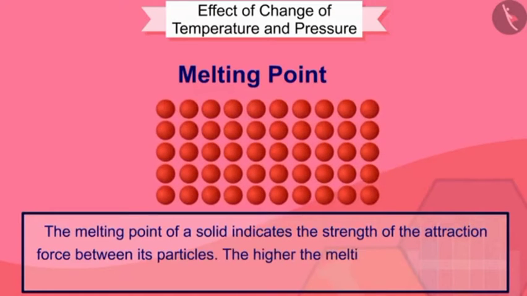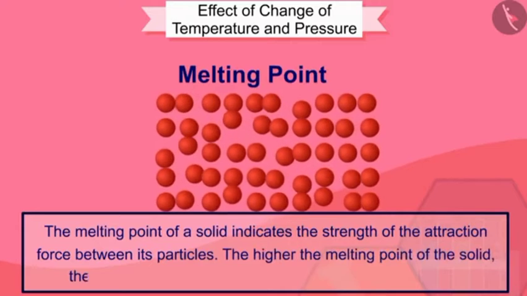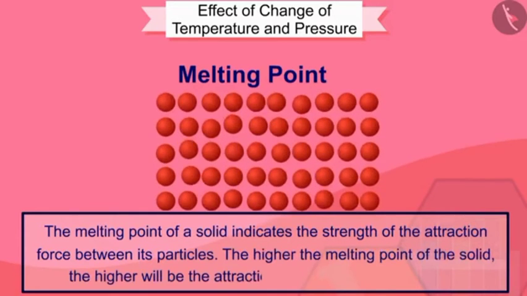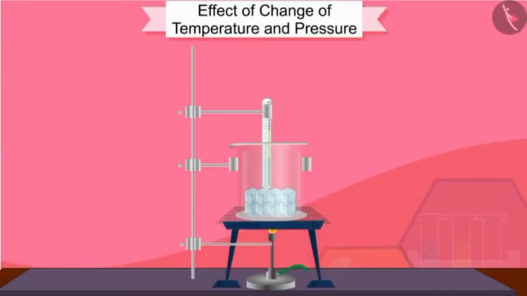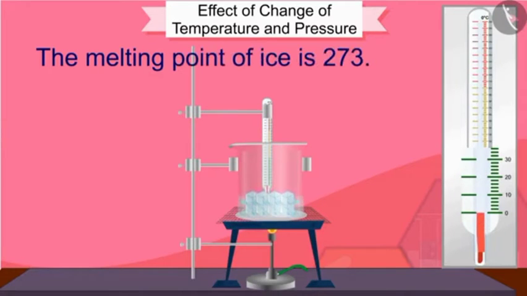The higher the melting point of the solid, the higher will be the attraction force between its particles. In this activity, you must have observed that the melting point of ice is 273.15 Kelvin. The process of conversion from solid state to liquid state is also called fusion.